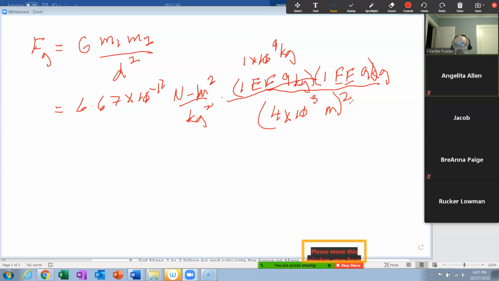Oh wait, I messed that up. When I divided, I needed to open parentheses first, then 4 EE 3, close parentheses, squared, equal. Error, I got an error. Sorry, I didn't do my parentheses right. So I'm going to start over again.